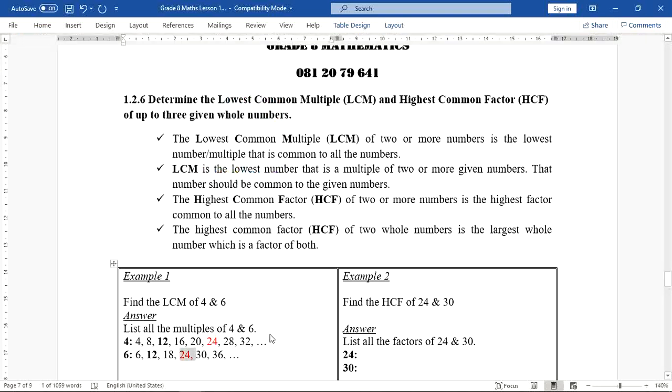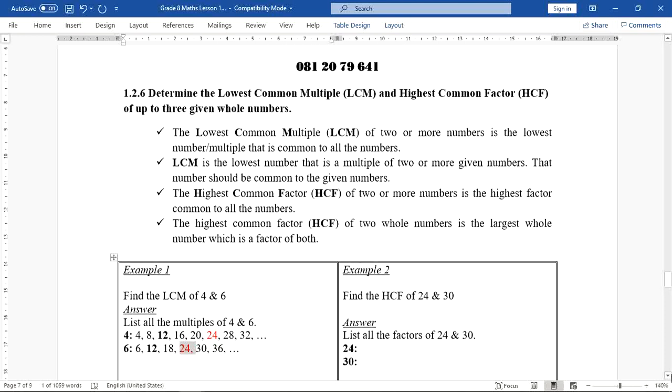So we have two numbers, 12 and 24. But why are we not taking 24? Because 24 is not the lowest. The definition says the lowest common multiple. So 12 is common to both of them and is the smallest one.